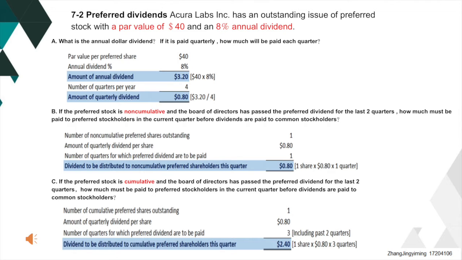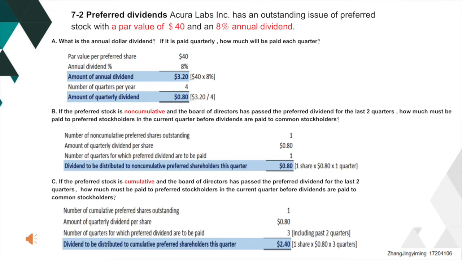For question C, if the preferred stock is cumulative and the board of directors has passed the preferred dividends for the last 2 quarters, how much must be paid to preferred stockholders in the current quarter before dividends are paid to common stockholders? If shares are cumulative, all the unpaid dividends will accumulate.